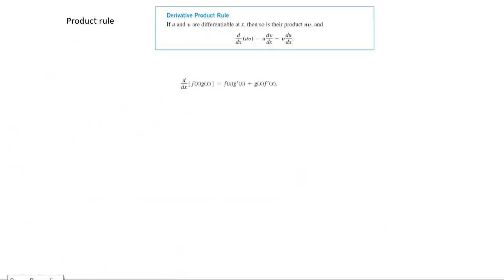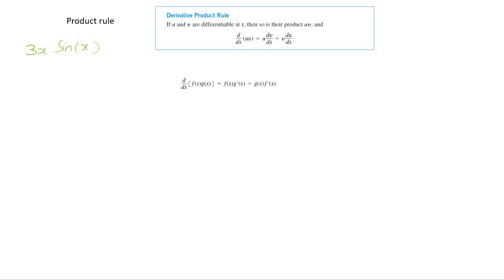Next we'll go through the product rule. If u and v are differentiable functions at x, then we can get the product uv. For example, if it's 3x times sin x, two functions, we know the derivative of 3x and we know the derivative of sine by itself, but we don't know the derivative of 3x times sine.